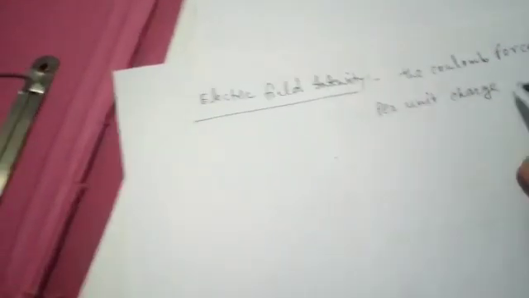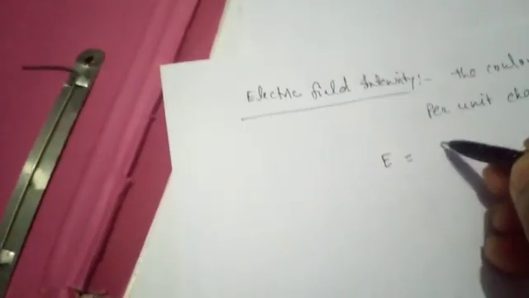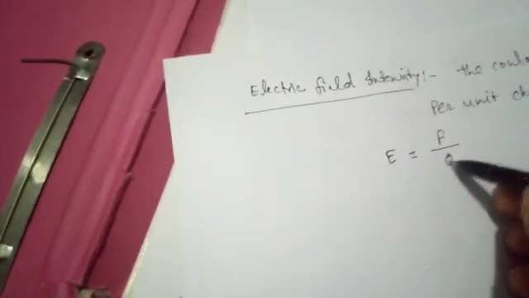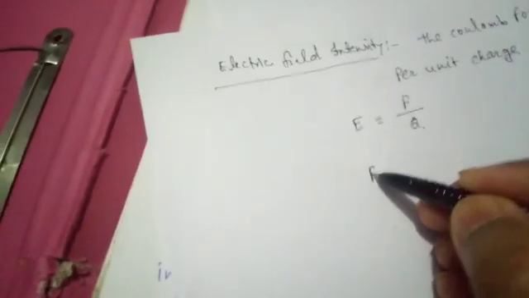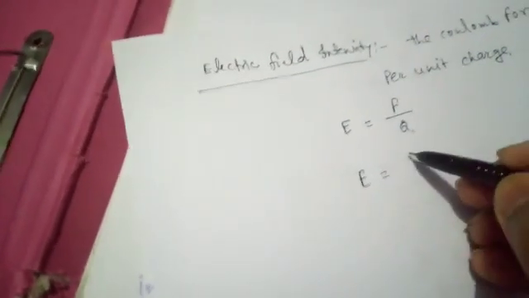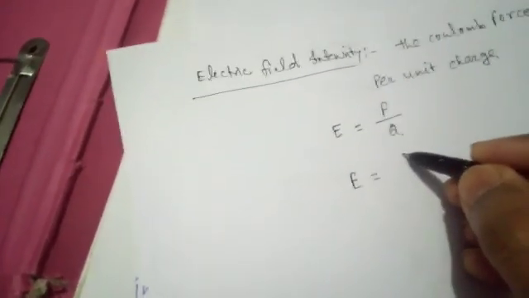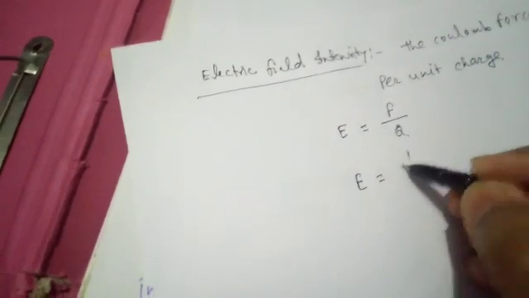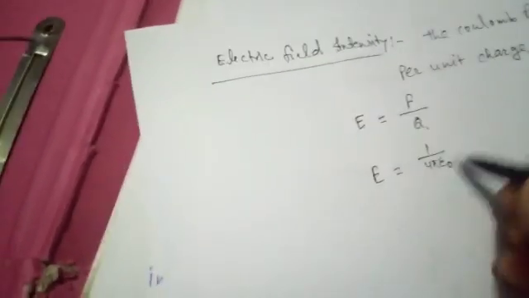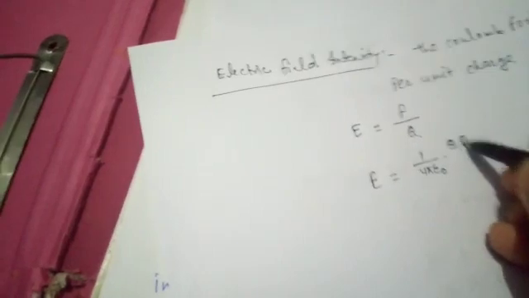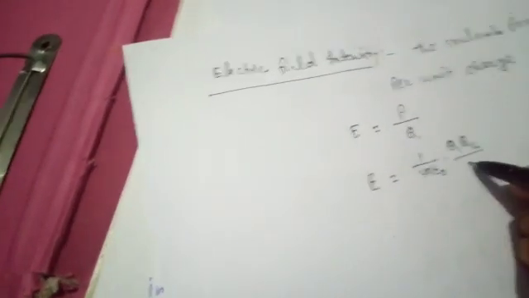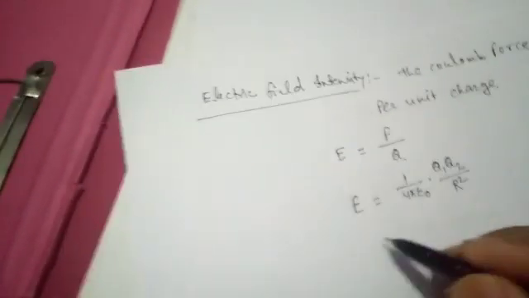It is denoted by capital E, and it is F over Q. And by Coulomb's law, E is equal to F over Q, where F is 1 by 4 pi epsilon naught Q1 Q2 over R square.